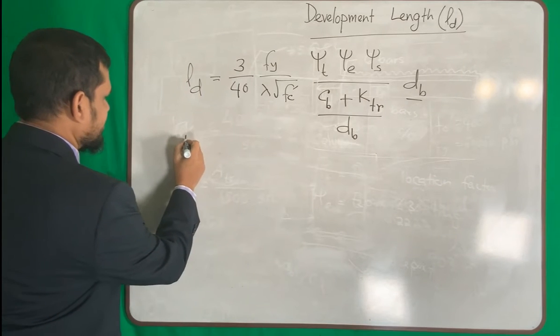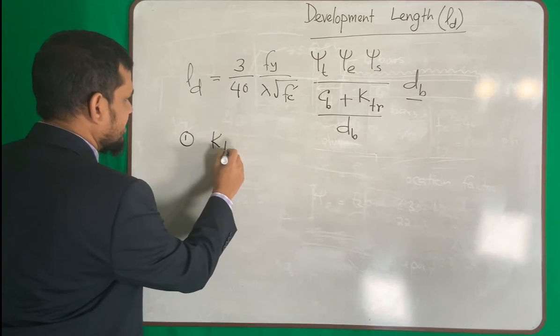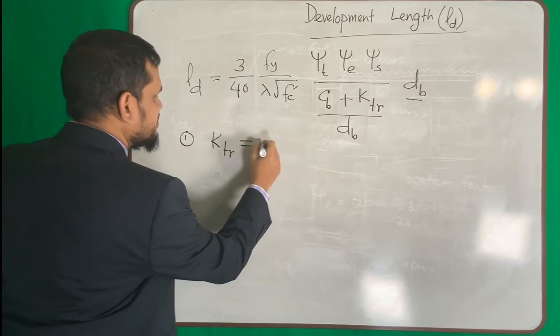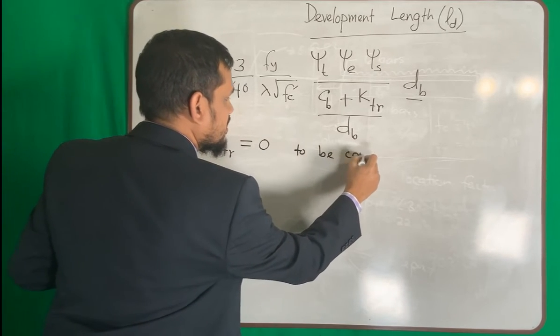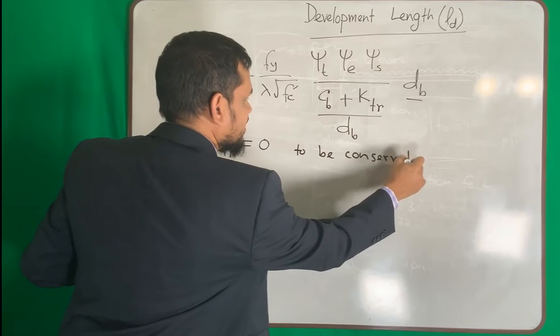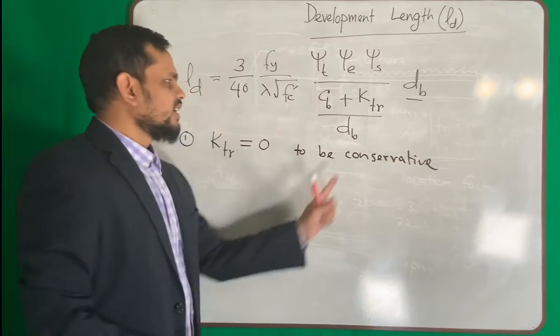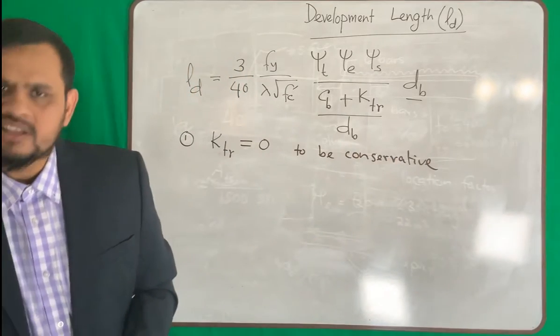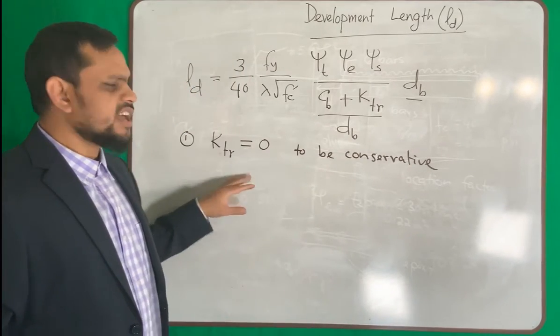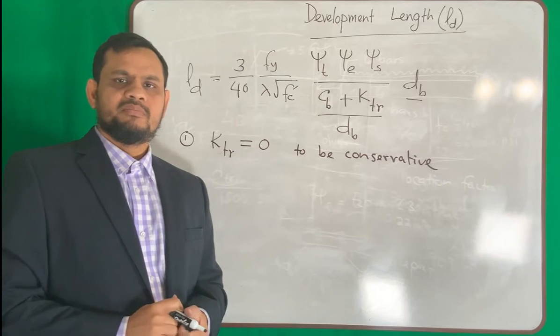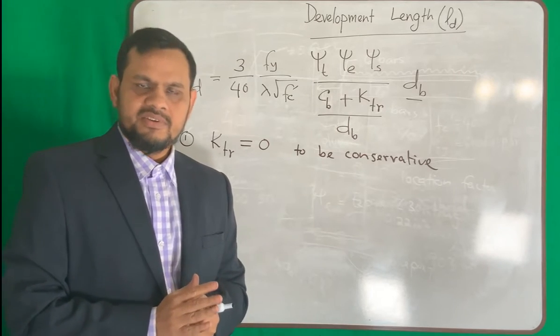So number one discussion is KTR can be taken as 0 to be conservative. You saw that calculating KTR takes a lot of work, not so much, but slightly. But you can assume KTR is 0, though it will be a very conservative design.